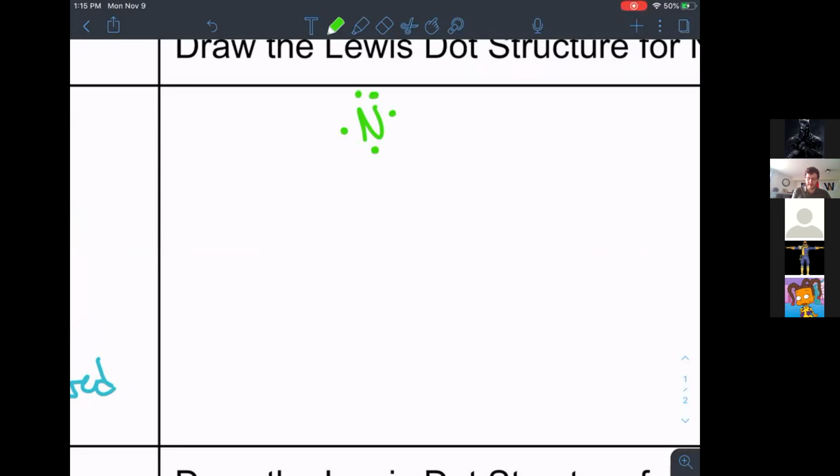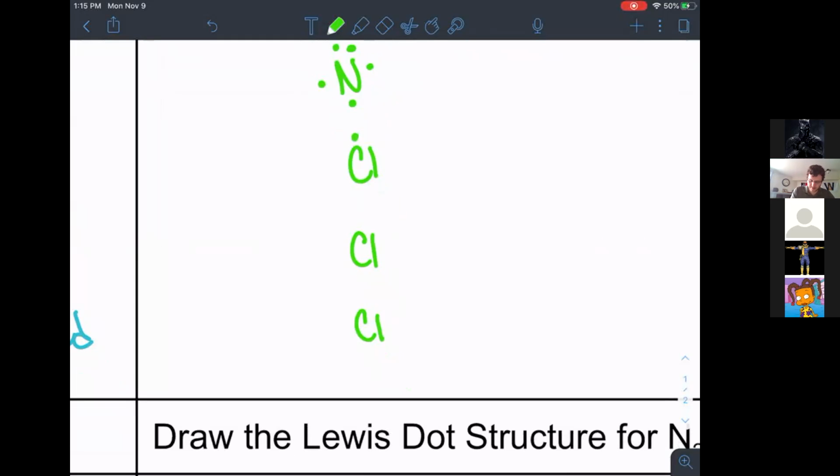And then chlorine. How many valence electrons does each chlorine element have? 7. It has 7. So 1, 2, 3, 4, 5, 6, 7. And if we look at our nitrogen, how many bonds does that nitrogen element want to create?